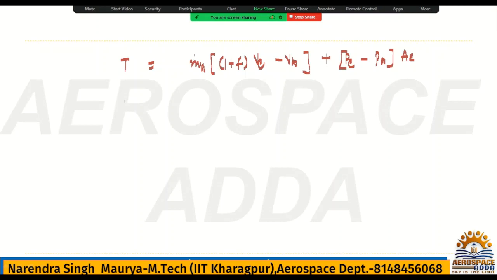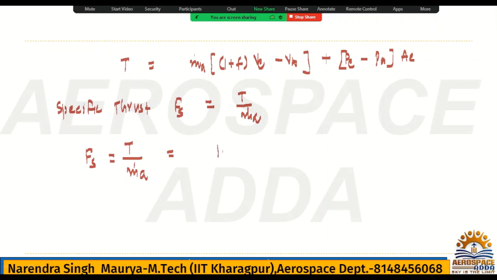So here they are asking for specific thrust. What will be the specific thrust? It will be Fs, which is thrust divided by mass flow rate. So in this formula you just divide by mass flow rate on both sides, and m dot a will be divided out.